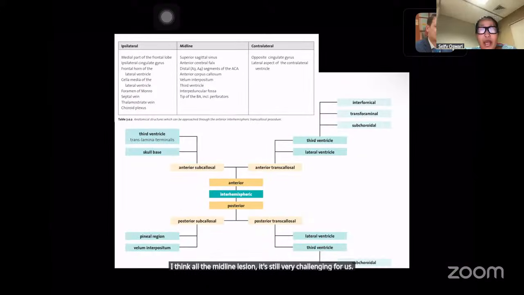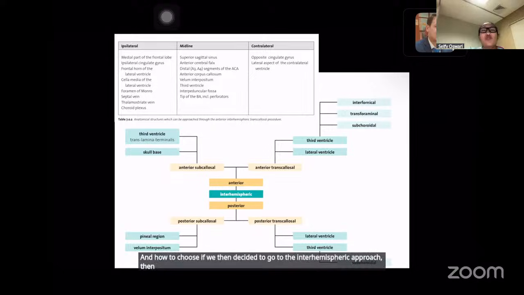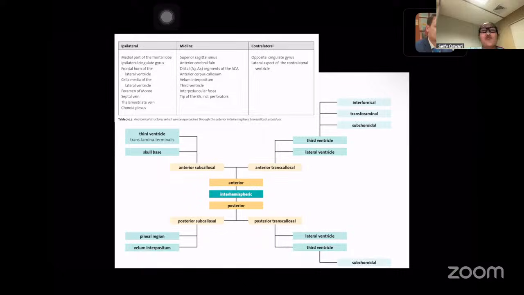If we then decide to go with the interhemispheric approach, how do we choose which steps will be our strategy?